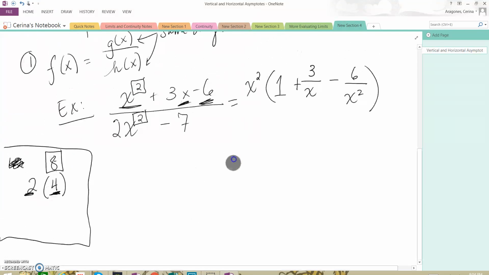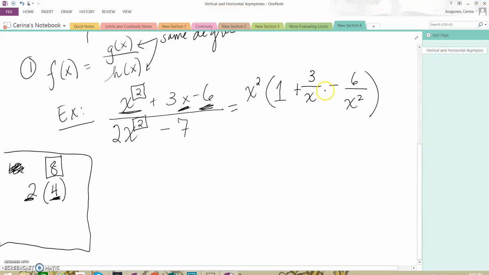So when I factor x squared from 3x, I am left with 3 over x, because if I multiply this back, I get 3x squared over x, which is equal to 3x, which is what my original term was. So that's how I factored out.